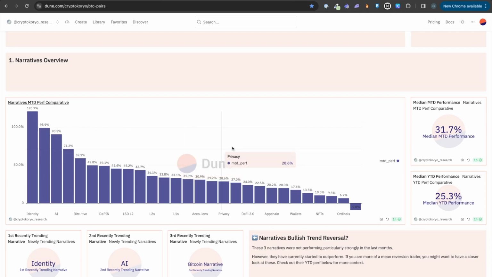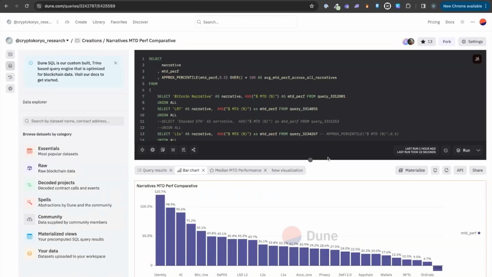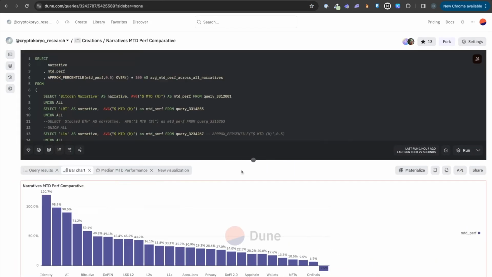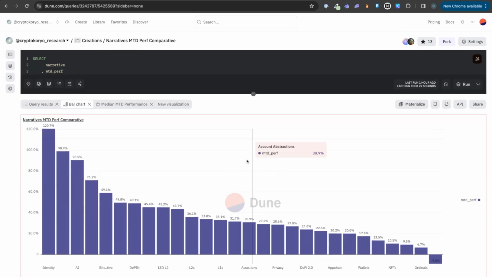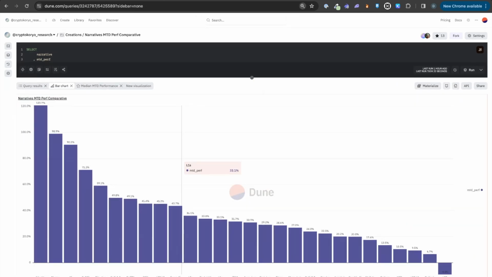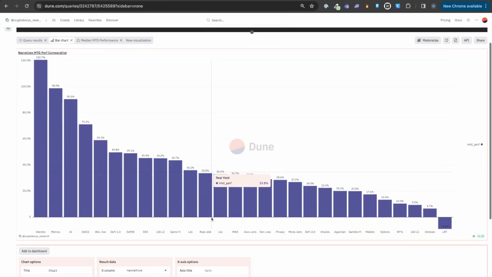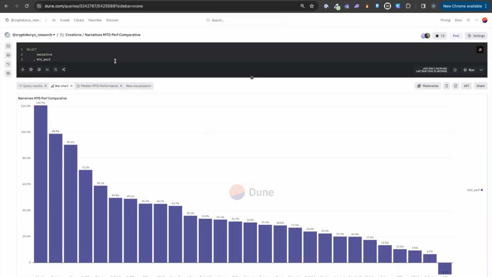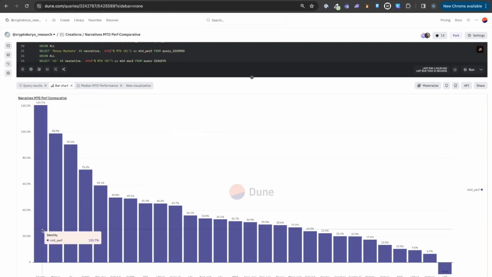So let me actually open that so that we can see better here, and let me zoom out. Okay, so here we are seeing the performance of all the narratives. We have the identity narrative, as I've called it. By the way, you have the code and the details of everything, so you can go and look at how this is done and what the different assets of each of the narratives are, etc. But the identity narrative has been the strongest performing one.